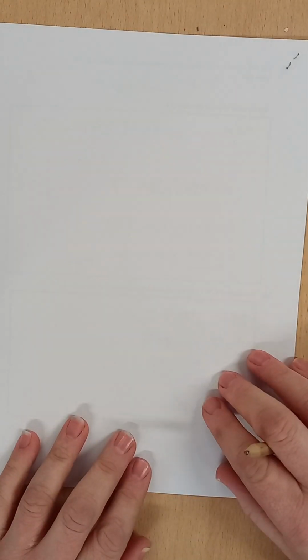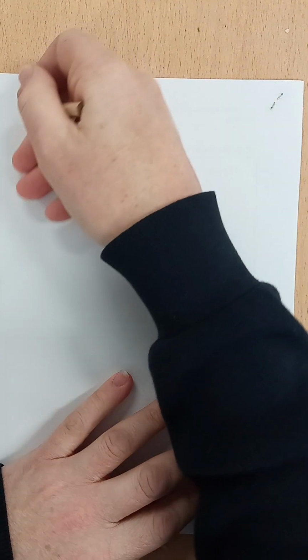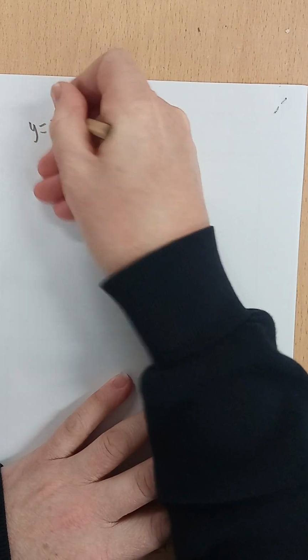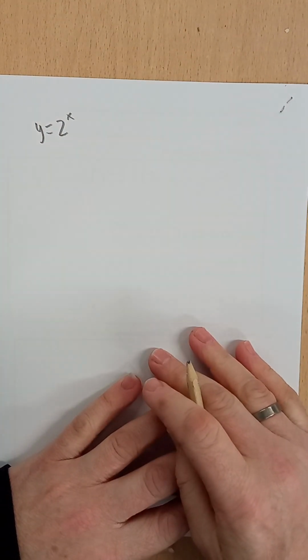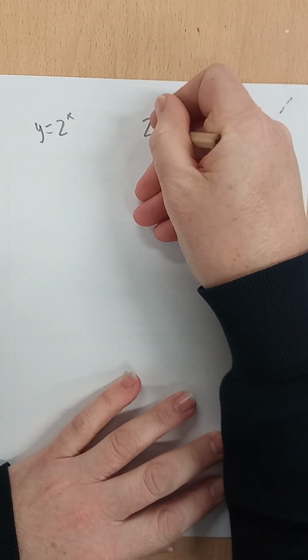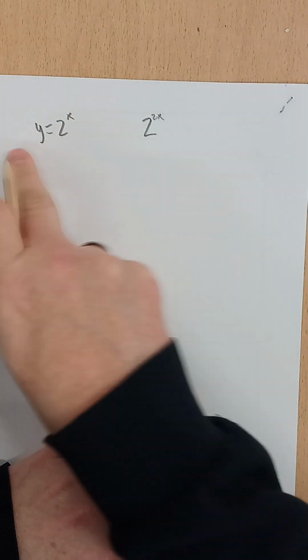So again, watch what I'm doing. In this following sum, let y equal 2 to the power of x. So watch what I do. Let's say I wanted to figure out what 2 to the power of 2x was in terms of y.